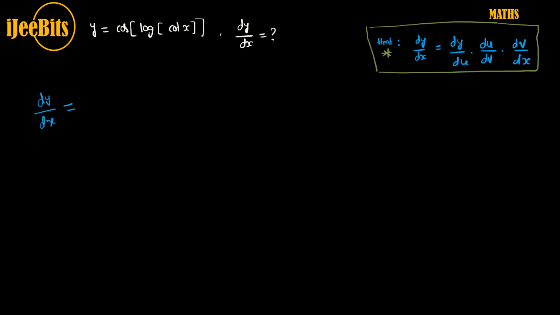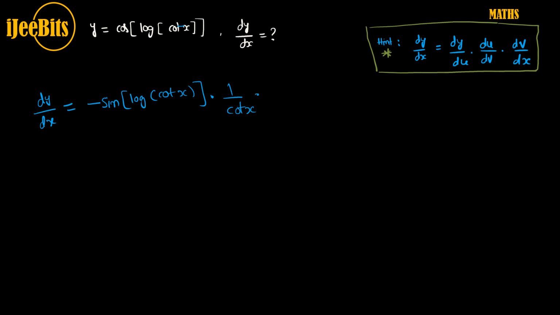dy by dx equal to, first you have to apply for cos, this first term. Cos becomes what? Sine, minus sine. So I put a minus sign. You keep everything: sine log of cot x. Done. Next you have to apply log x, log of cot x, right? So log x means 1 by x, so 1 by cot x.